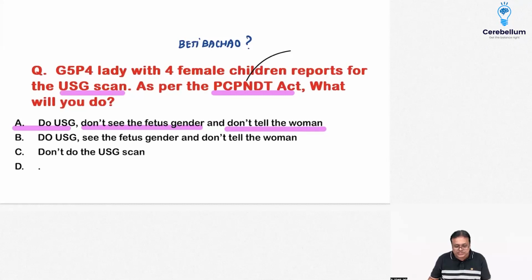We are not allowed to see the sex unless there is a requirement. You can only check for genetic, chromosomal and metabolic anomalies. Please remember, even if she has 1, 2, 4, or 10 girl children, it will not make a difference. Right? Okay. The photograph was of the PCPNDT Act.